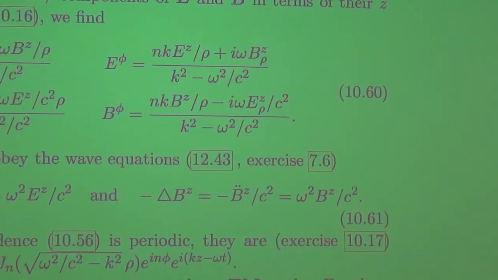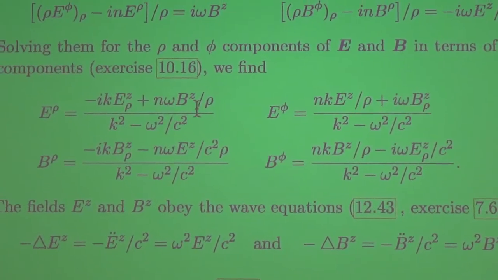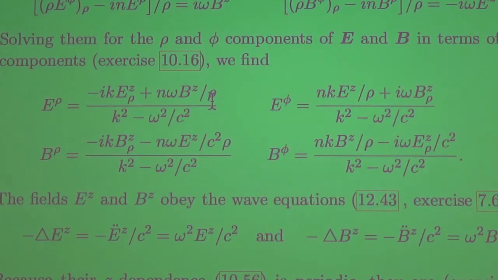And so this is just BZ, and I somehow have the rho derivative of E. In my solution, I have that as the phi derivative of B, and that's not what we're seeing here.